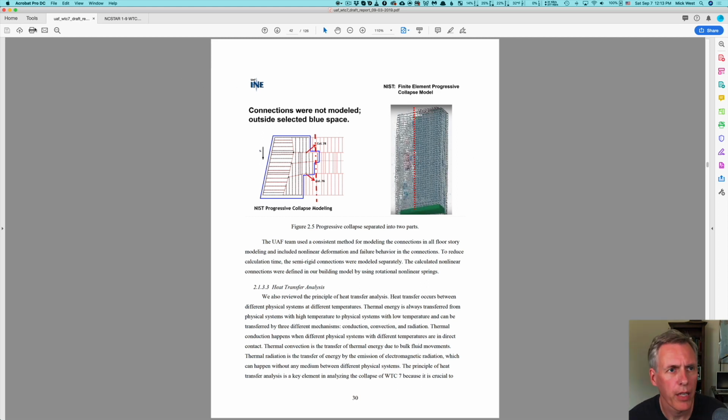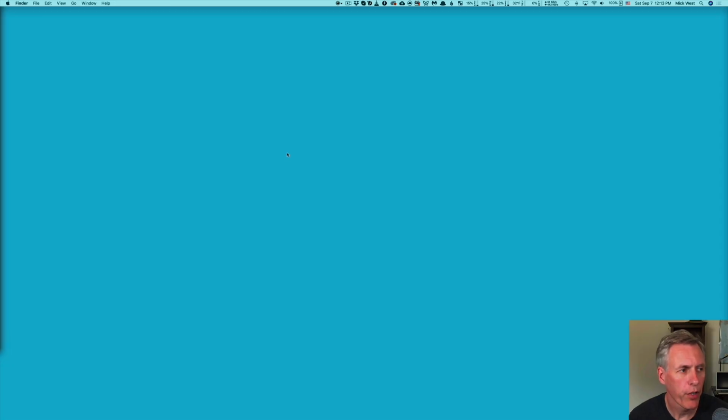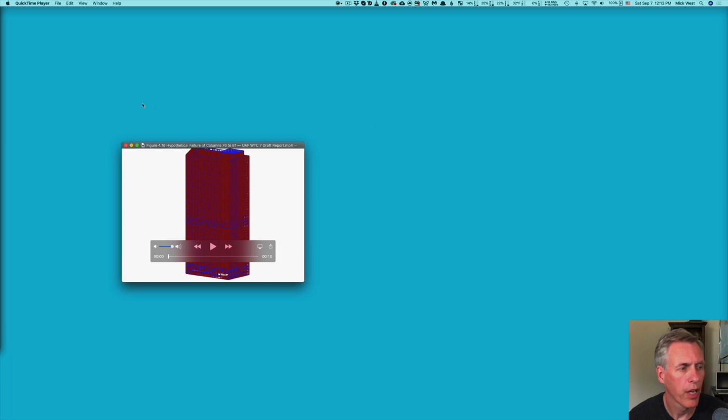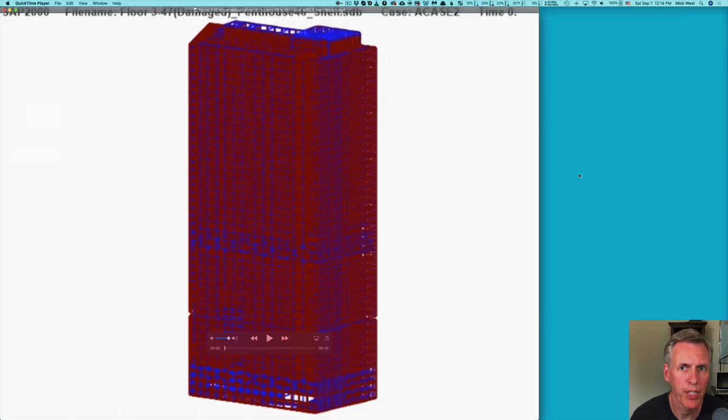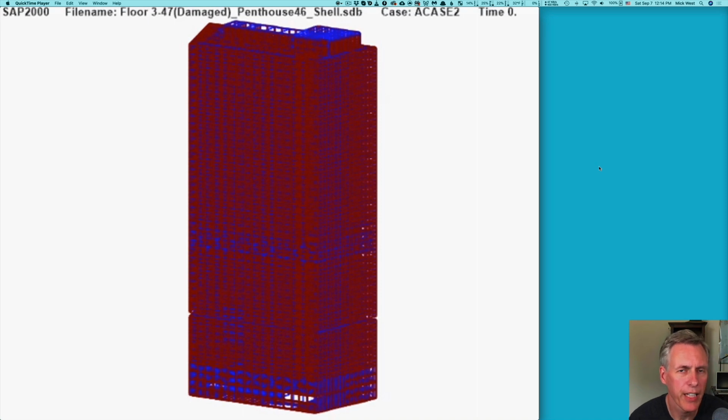So let's go back into this in a bit more detail here. Let's go back to the first question. Why does figure 4.16 not show dynamic analysis? What is dynamic analysis, and how does it differ from static analysis? Well, in static analysis, you're essentially simulating a building that's not moving, it's not collapsing, and it's not swaying around that much.